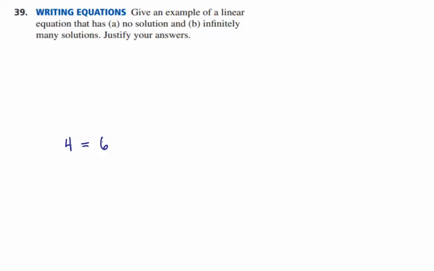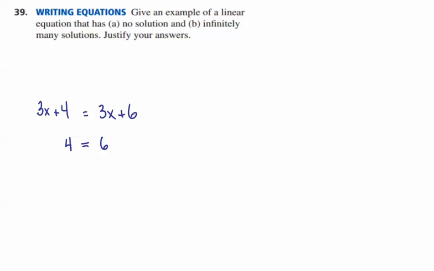What might happen? Remember that the last thing we do is that we're going to subtract the same thing from both sides. So it doesn't matter what we put in. Let's say we put in 3x plus 4 is equal to 3x plus 6.